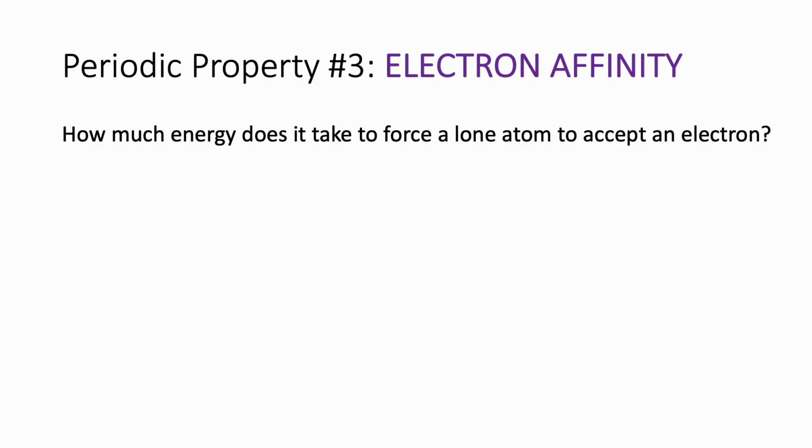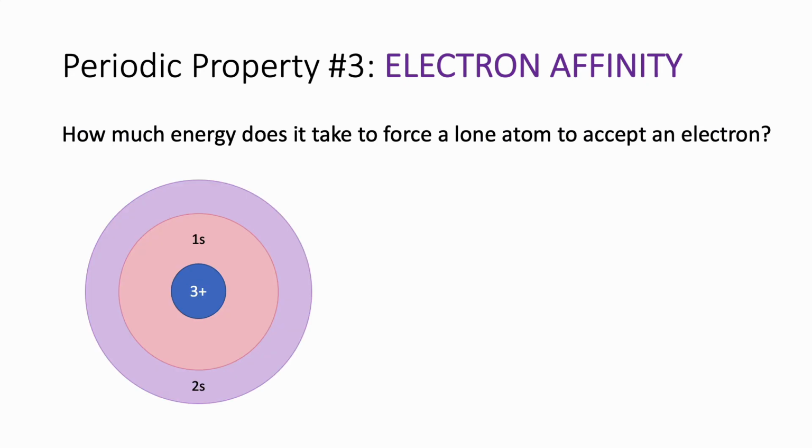The final periodic property we're going to talk about in this video is electron affinity, which is basically the opposite of ionization energy because it's how much energy does it take to push an electron onto an atom. So let's go back to beryllium. I'm going to pop in our 3 electrons.